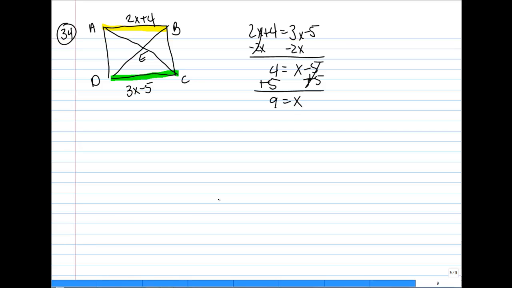X is 9. We have a rhombus, so it's a tilted square, ACKJ, where AC is 6y plus 4, and CK is 5y plus 8.